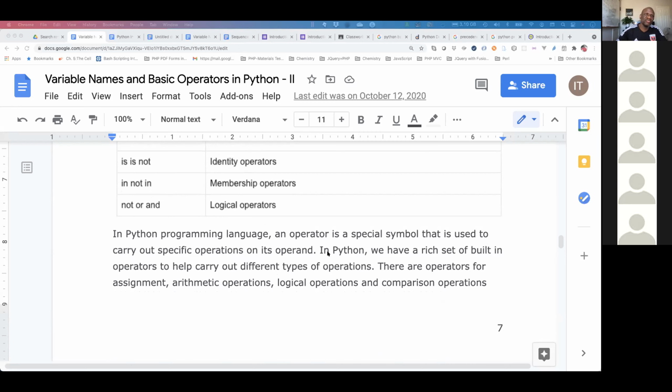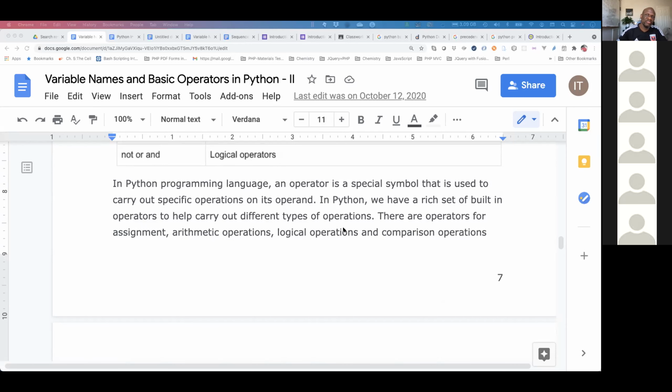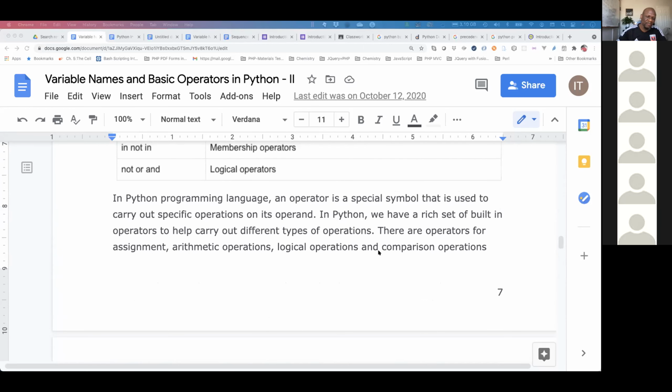There are operators for assignment, arithmetic operations, logical operations, and comparison operations. Arithmetic, you can say plus, minus, division, and multiplication. The logic operators less than, greater than, or the equal for comparison.